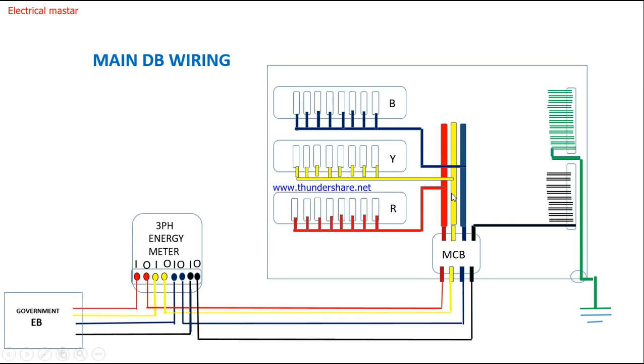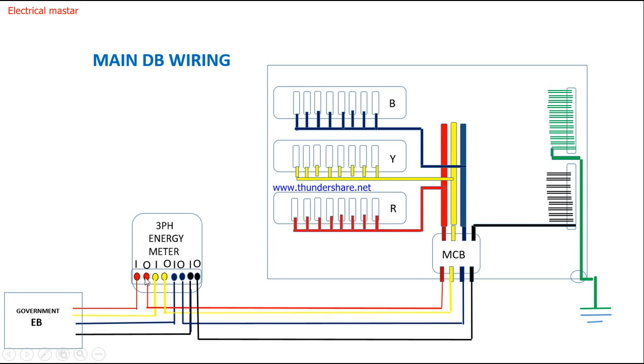Clear? So now we will see how this incomer receives power. This incomer receives power from the electric poles or government EB supply. From there we get 3 phases with the neutral. So here our energy meter will be there. A 3 phase energy meter will have 8 poles, like 4 incomer and 4 outgoing.